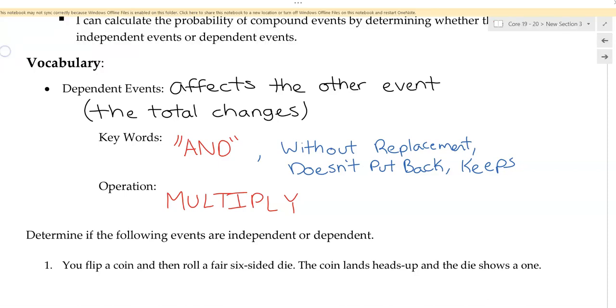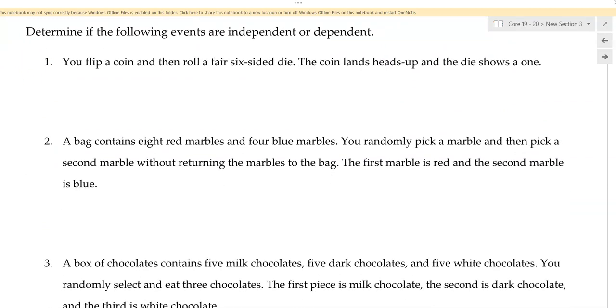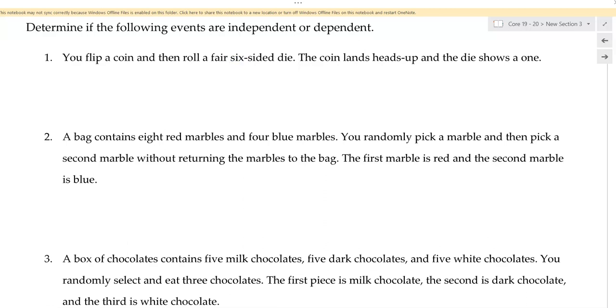So let's look at some examples. The first thing we're doing is just determining if the events are independent or dependent. You flip a coin and then roll a fair six-sided die. The coin lands heads up and the die shows a 1. So when I flip a coin, I have 2 choices, and then I roll the die and I have 6 choices. Okay? My flipping of a coin doesn't change how many choices the die has.